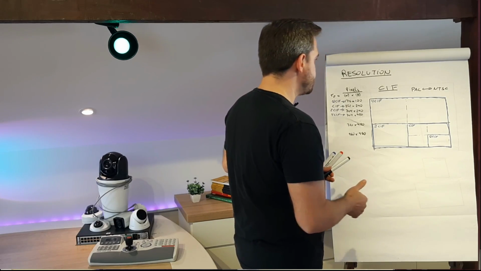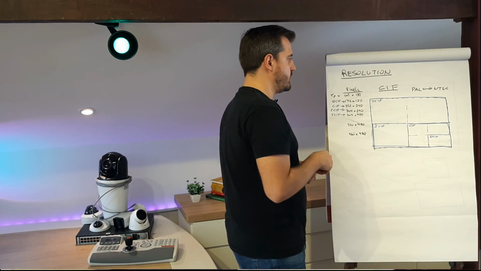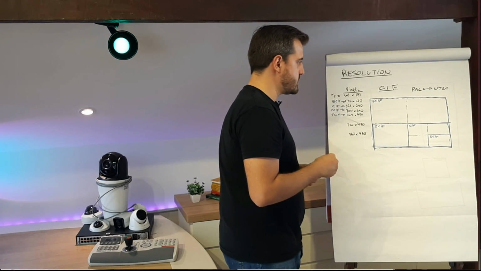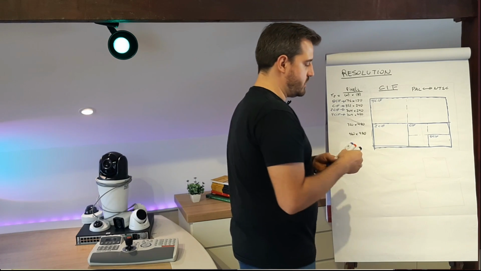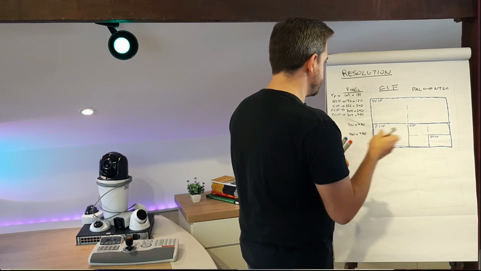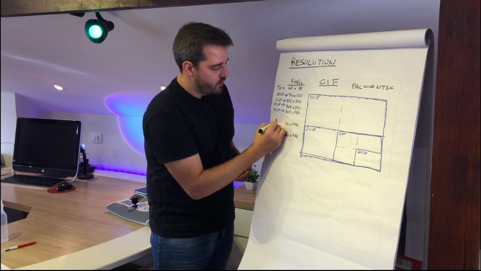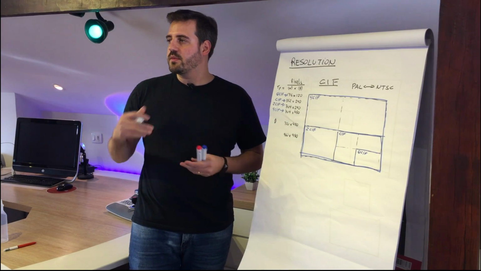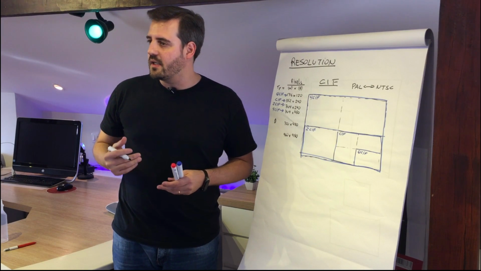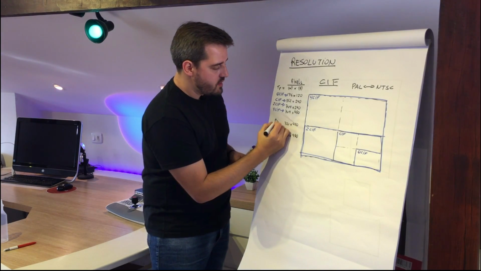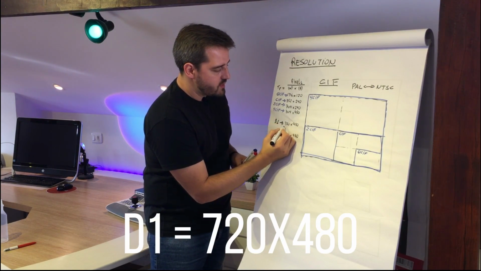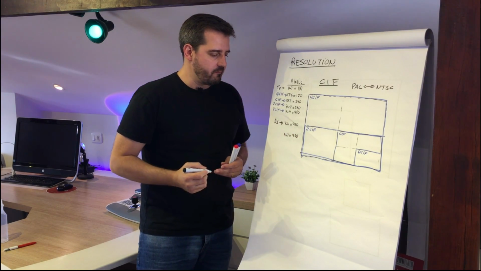And basically we have these resolutions currently in cameras. Not all cameras, but a few will have them. The most common one that we use for substream, which is the stream where we don't need a higher resolution, is D1, which is 720 by 480.